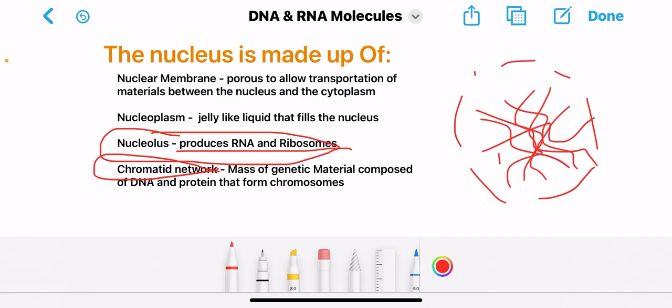This entangled mass is called the chromatin network, and it's a mass of genetic material composed of DNA and proteins that form what? Chromosomes. As I told you, you'll understand chromosomes as we further enter into what? Into meiosis. For now, we are still focusing on what? On DNA. Okay?